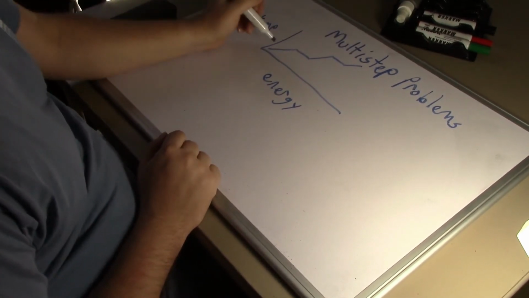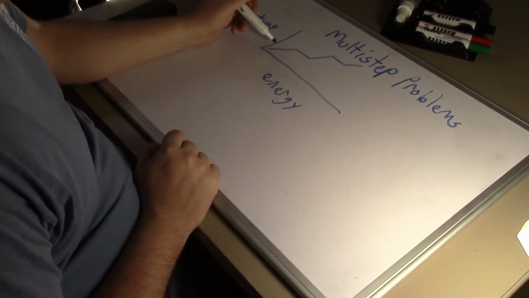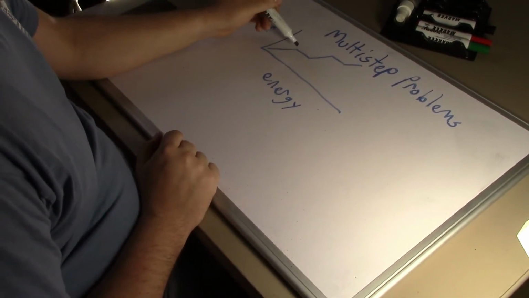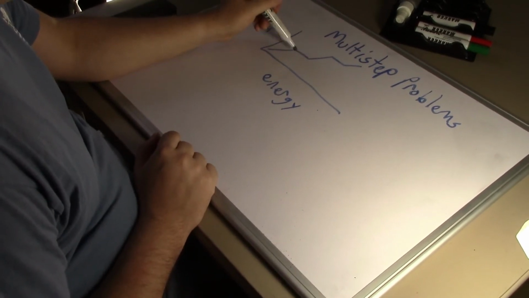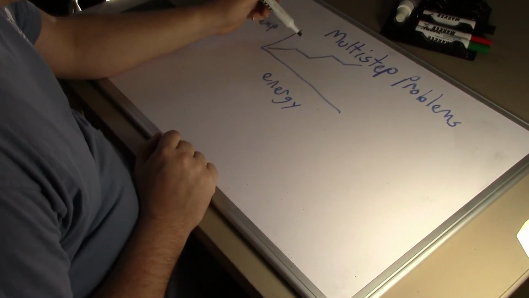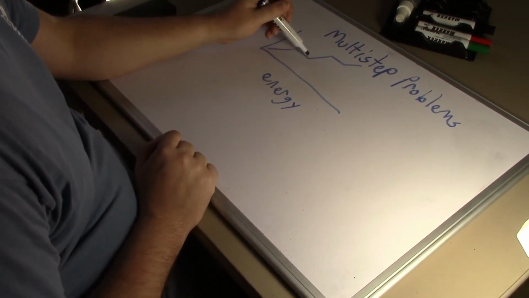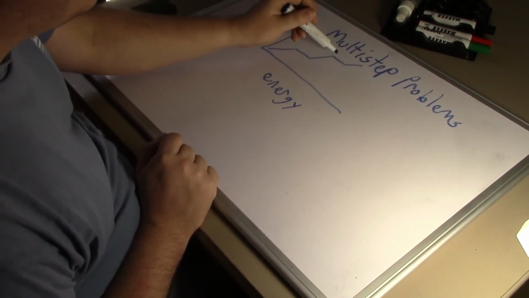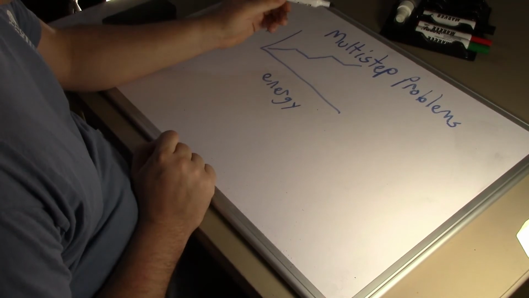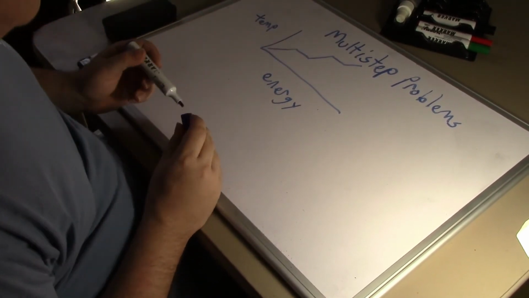So down here it's solid, and it's warming up, warming up, warming up, and then it starts to change from a solid to a liquid. Remember, temperature is not going to go up while it's converting from a solid to a liquid. But once everything's liquid again, it starts heating up, heating up, heating up. And again, we hit that level off as it changes from liquid to gas, and so on.